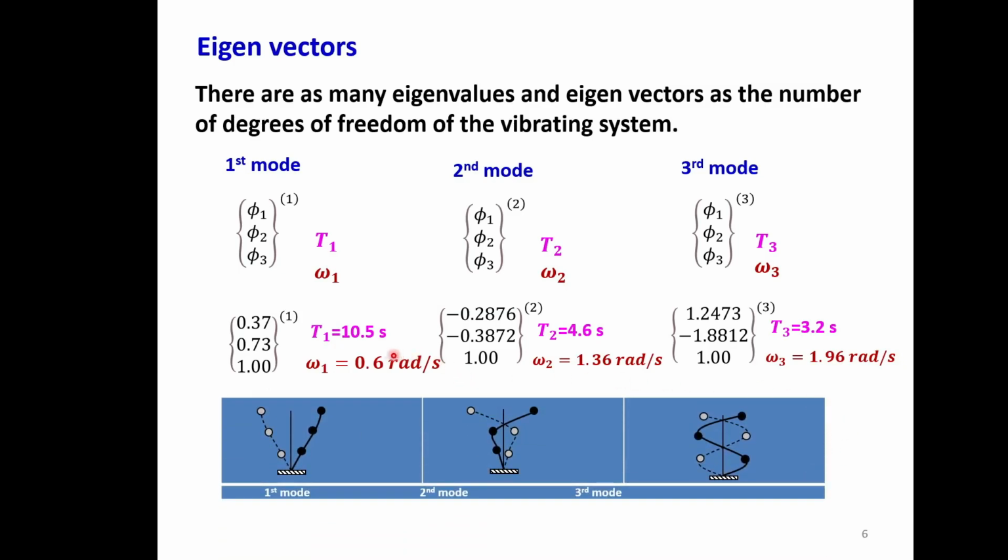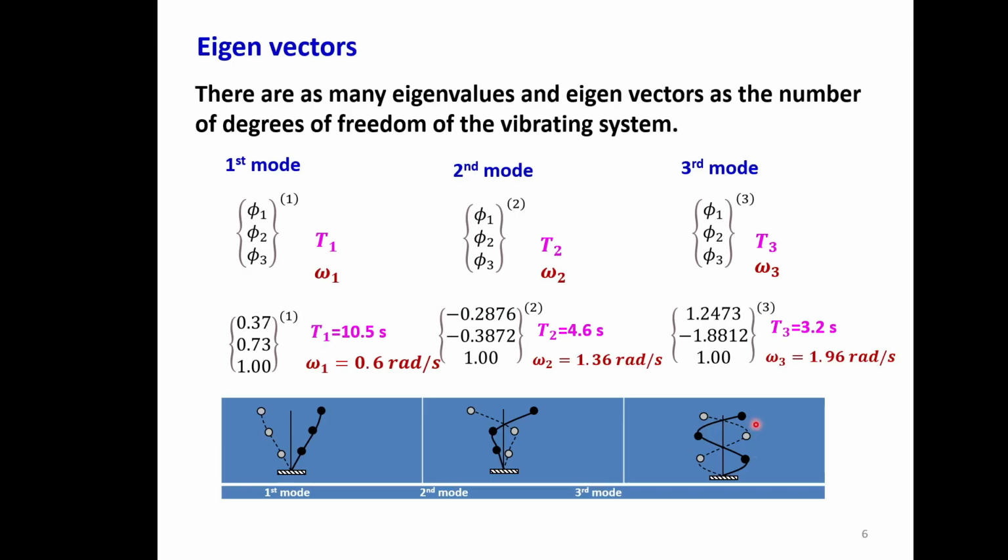These mode shape coefficients I have drawn to approximate scale, and it is looking like this. So in the first mode, you see all the masses are on the same side. It can be either on the right hand side or on the left hand side of the neutral position of the building. Second mode, top mass on the right hand side, the bottom 2 masses are on the left hand side, or they can reverse as a mirror image.